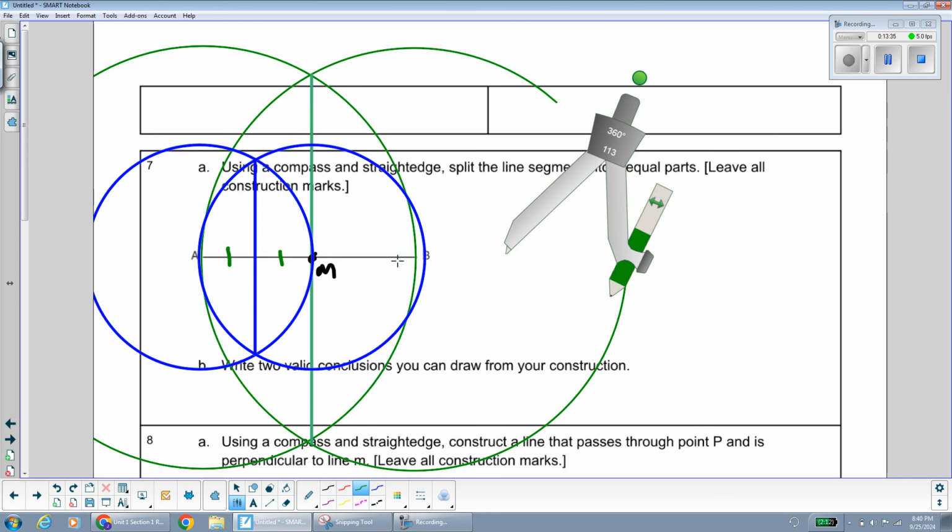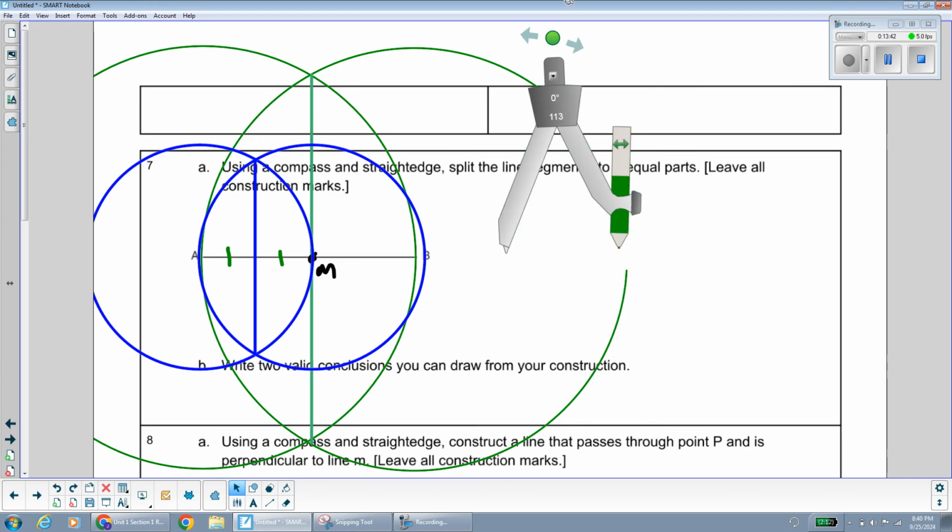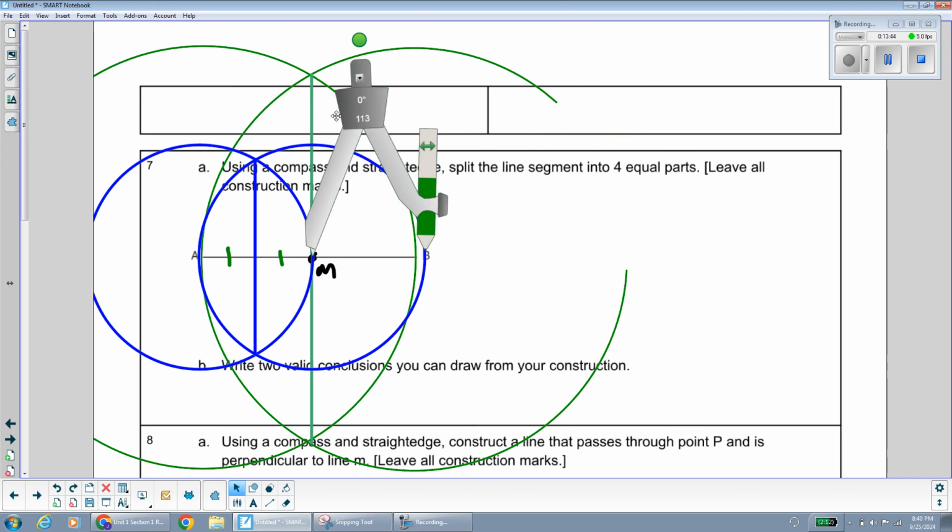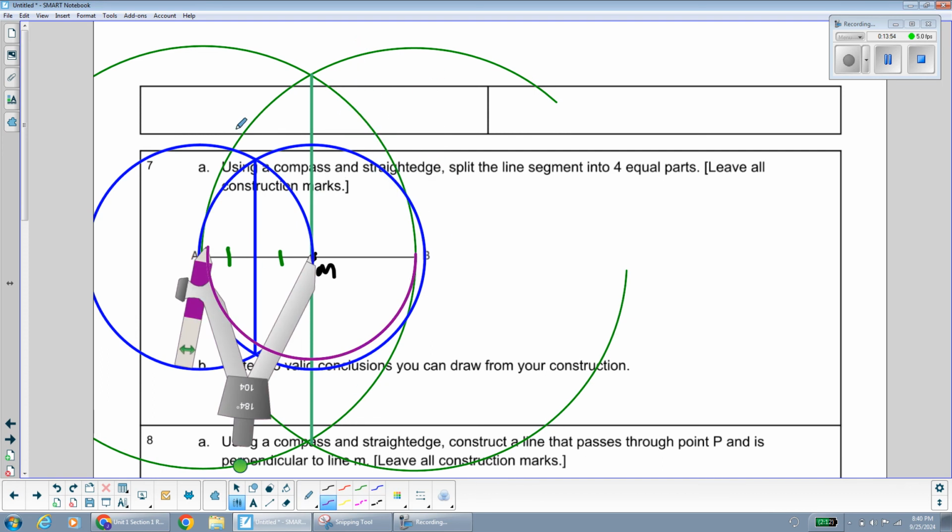Now we just need to split this half, BM or MB, in half as well. Going over to one endpoint, opening up to the other. Let me use a different color here so it doesn't get so confusing. Circle.